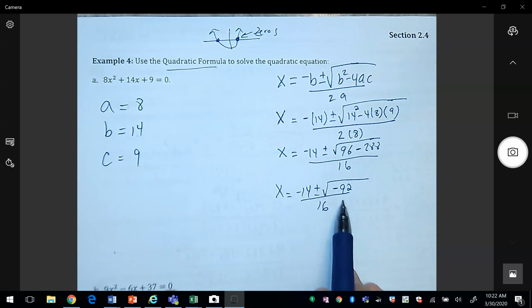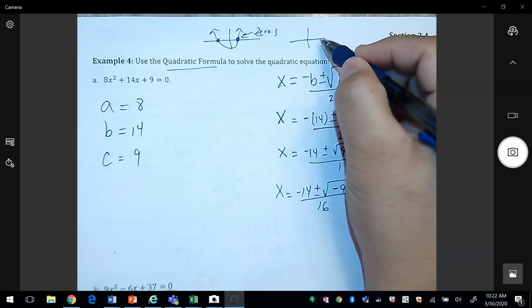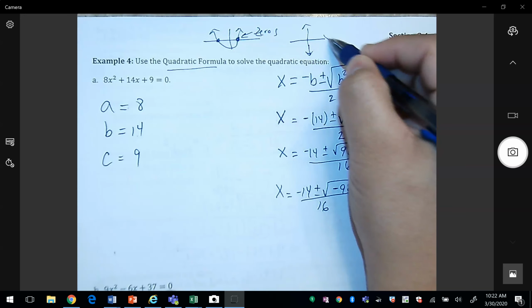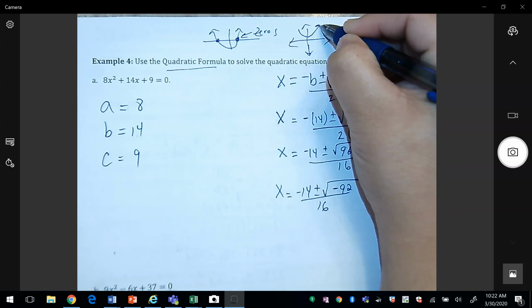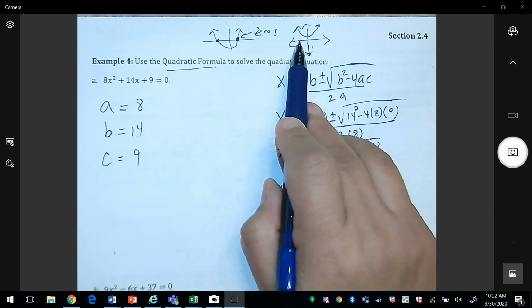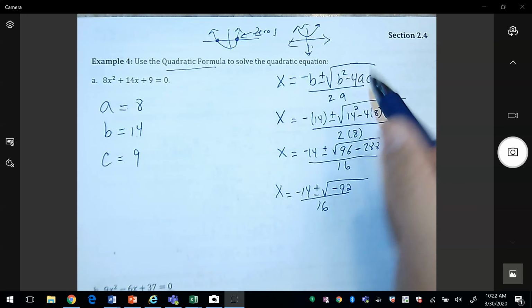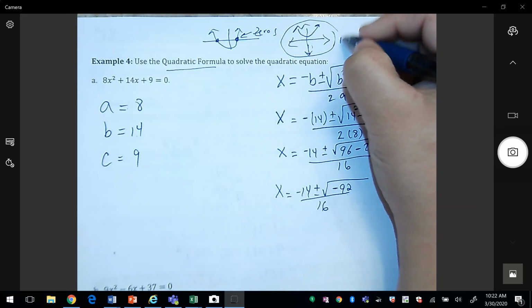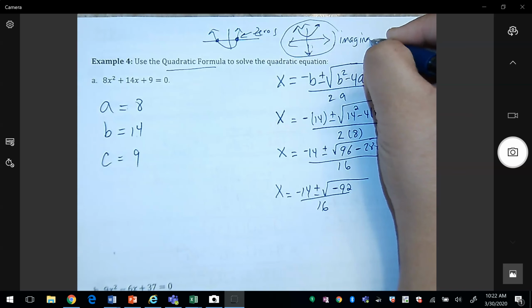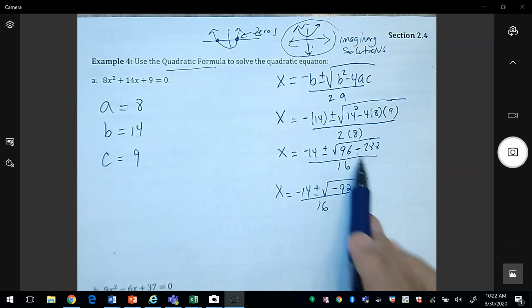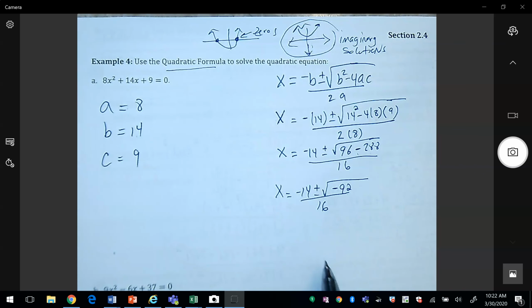But since it's an imaginary solution, that means that your graph might end up somewhere up here. So in other words, it's never going to cross the x-axis. So this is the situation for imaginary solutions. And that's going to happen when you have a negative in your discriminant.